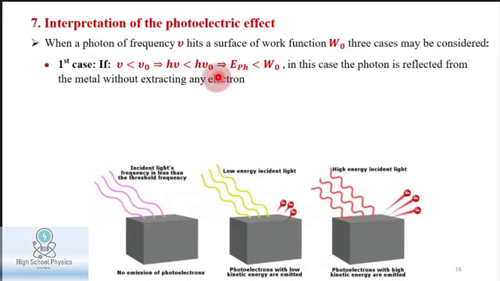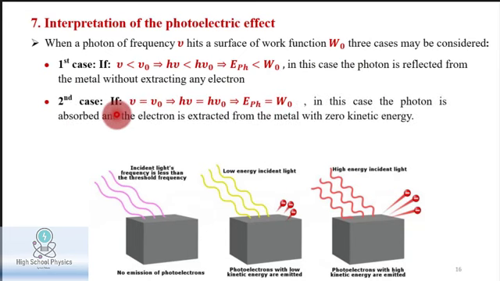Okay, in this case the photon is reflected from the metal without extracting any electron. So in this case, as we observed in the first figure, there will be no photoelectric effect because the photon cannot extract the electrons from the surface of this metal.